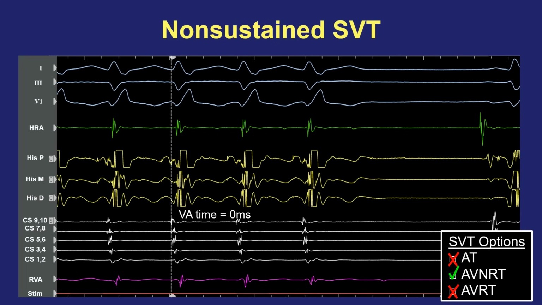You actually have the entire diagnosis here from spontaneous termination with an A and the observation that the VA time is ultra short. This is AVNRT, done. You can certainly induce and do other maneuvers just to verify, but you have the entire diagnosis. So again, don't ignore spontaneous terminations because there can be a wealth of information there.